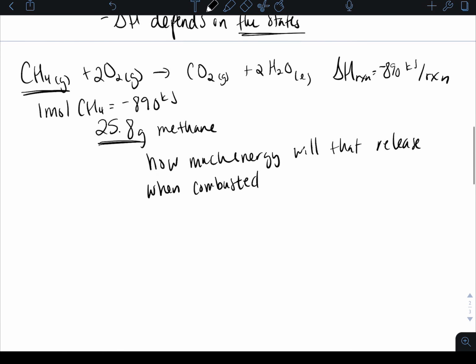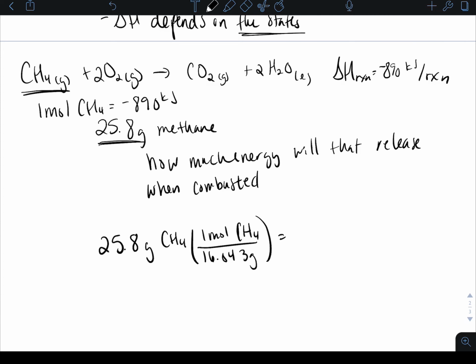Okay. So the first thing we want to do is convert that from grams of methane into moles of methane. So we have 25.8 grams of methane. Methane has a molar mass of 16.043 grams per mole. So when we divide that out, we get 1.6125 moles of methane. And we see this is greater than that 1 mole, so we're going to release more than 890 kilojoules.